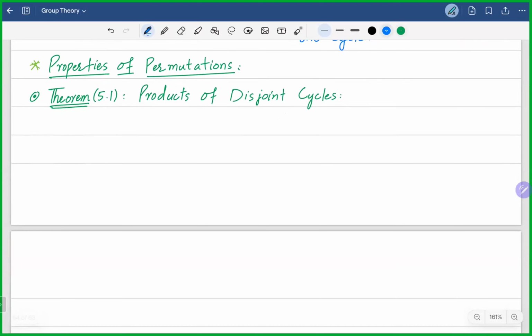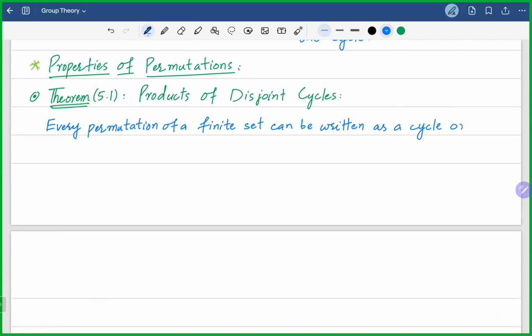It says that every permutation of a finite set can be written as a cycle or is a product of disjoint cycles.